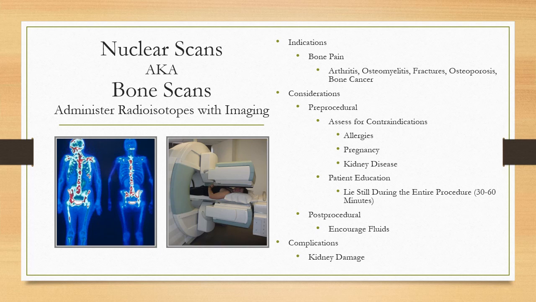Post-procedure, just drinking lots of fluid, right? Remember, pre-procedure, empty the bladder so we can see the pelvic bones. Okay. What's a complication of this? Well, the kidney can take a bit of an injury, so an intrinsic renal injury because of the radioisotope that's been injected. Okay.